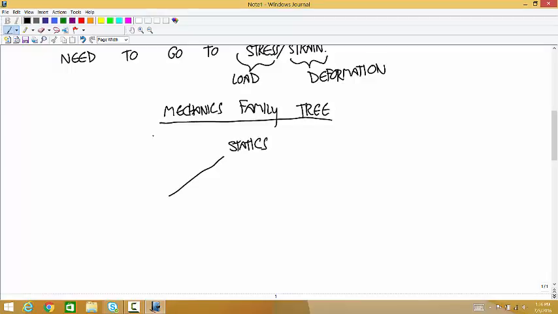You can go in this direction where we're talking about predicting damage. Or you could go in this direction, where you're talking about predicting motion. After statics, as far as predicting damage, the next class you take is this one, deform.